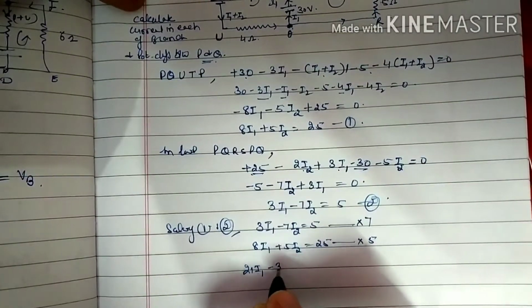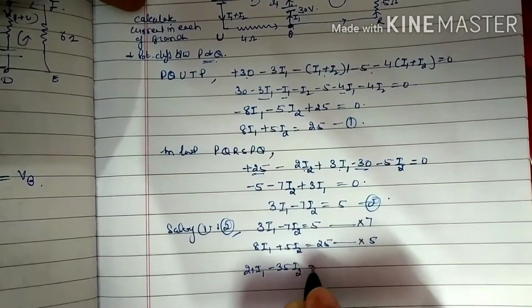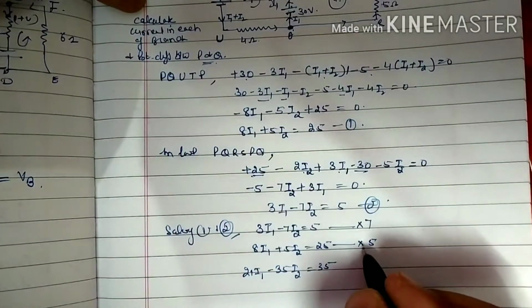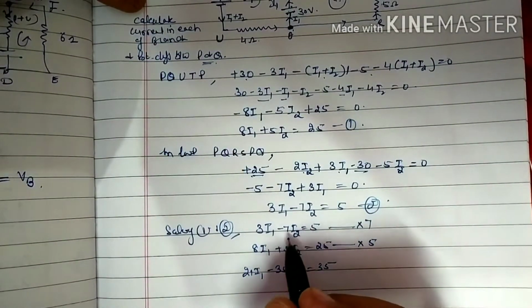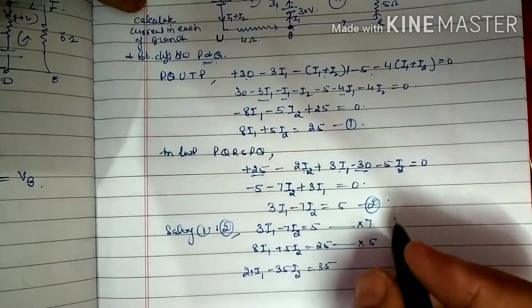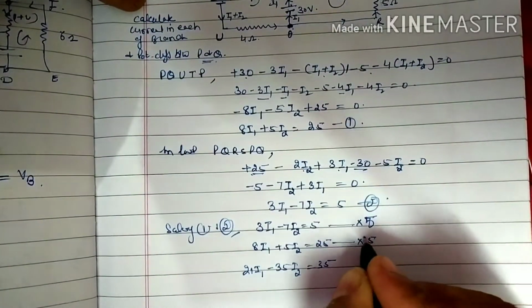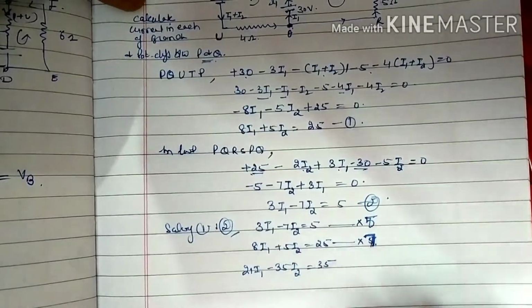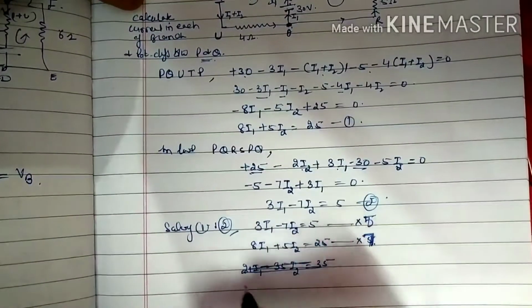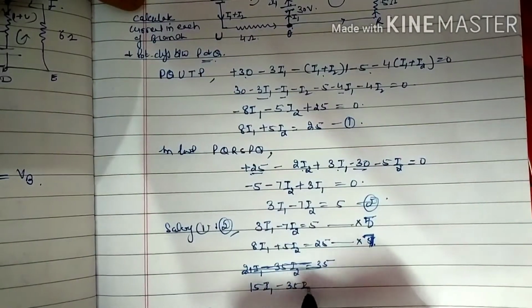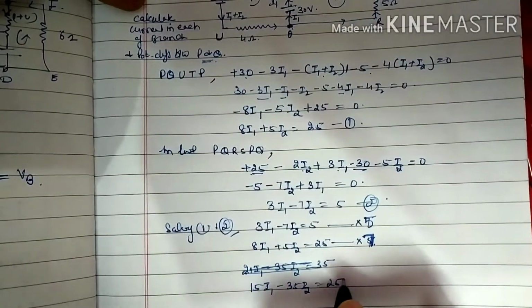20I1 minus 35I2 plus 35, and not 35. This one had to be multiplied by 5 and this one by 7, 5 and 7. Now we will get 15I1 minus 35I2 is equal to 25.